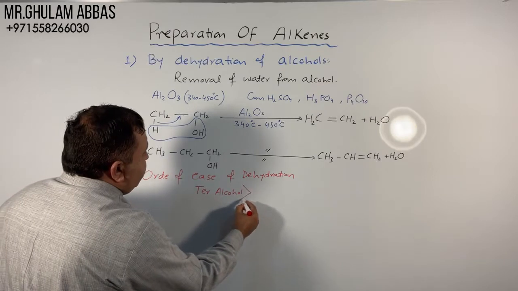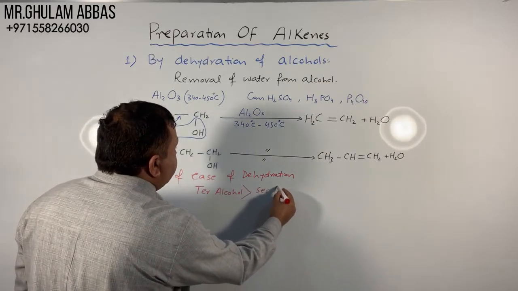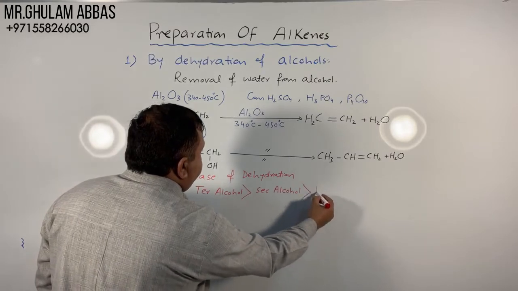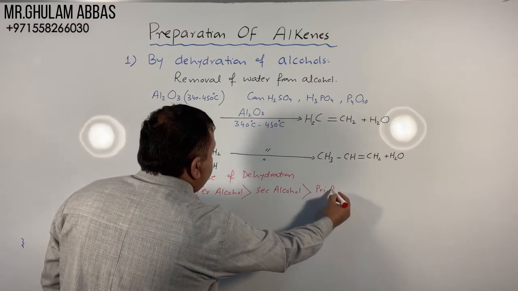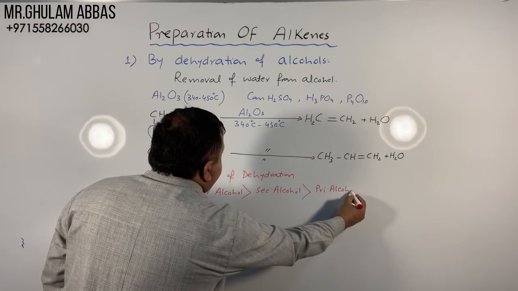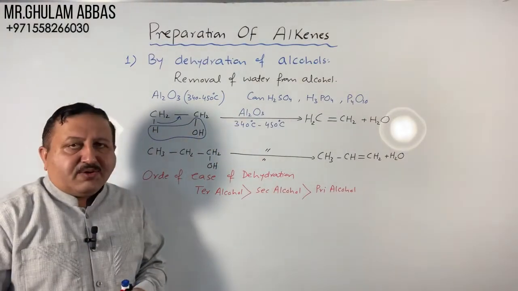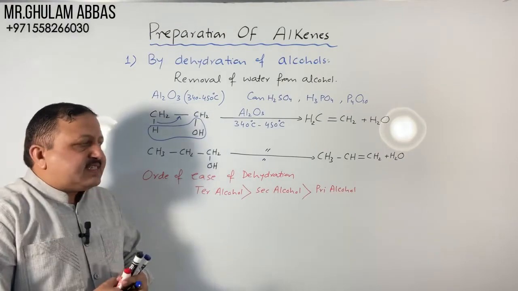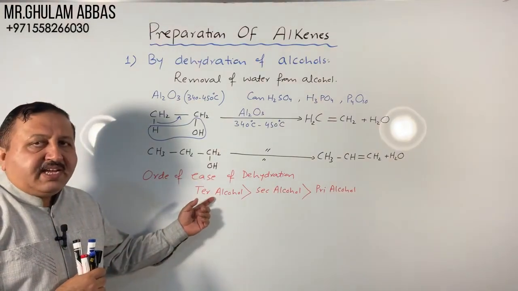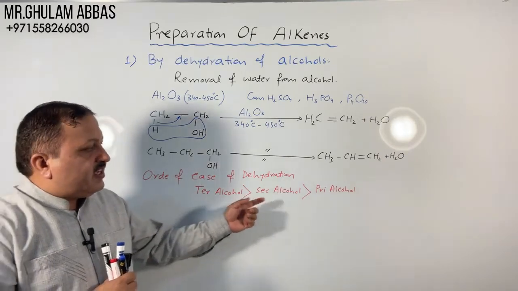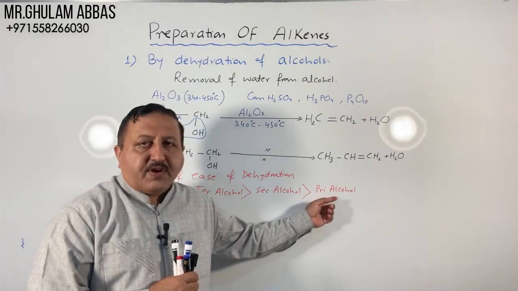Tertiary alcohol is greater than secondary alcohol. It is greater than primary alcohol. This is the order of ease of dehydration of alcohol. This order shows that it is very easy to remove water from tertiary alcohol and it is very difficult to remove water from primary alcohol.